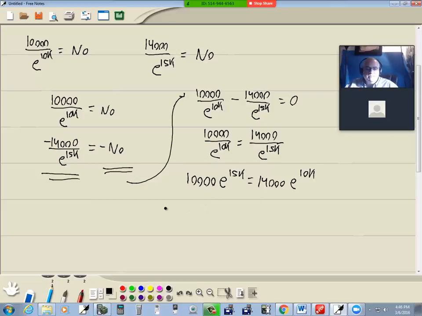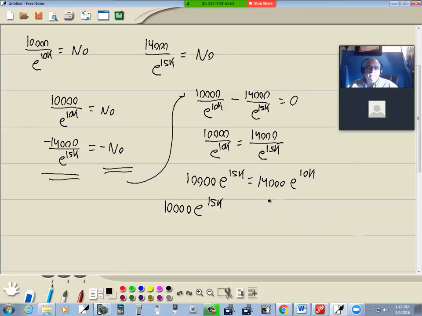And then I got them both on the same side. And see, at this point, I kind of drew a blank. So I wasn't quite sure how to solve that at that point. So that's when I backed up.